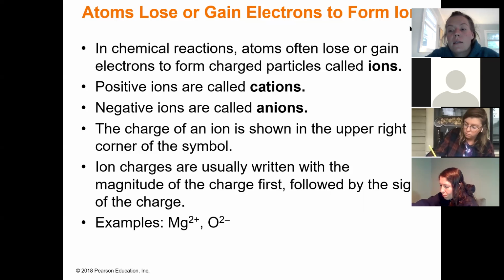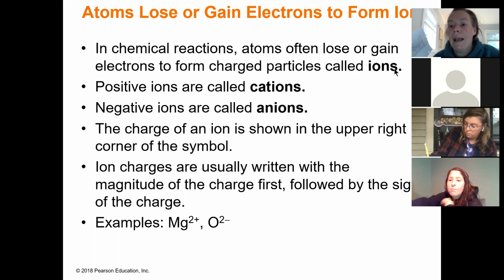So as far as electrons are concerned, we talked about how metals like to lose electrons. Things on the left side of the periodic chart will lose electrons to form what's known as a cation. Any particle that has gained or lost electrons, so that there are more or fewer electrons than protons, is called an ion.